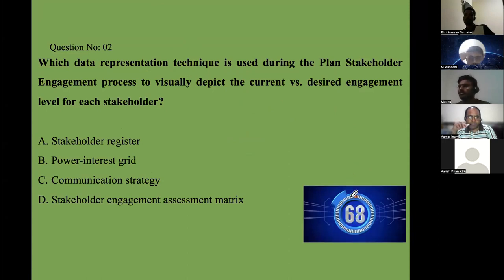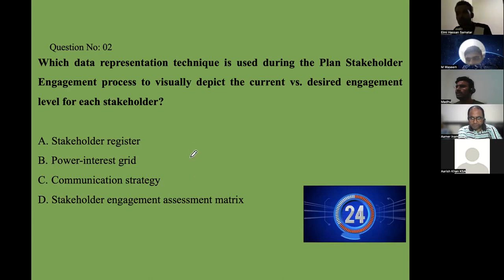Which data representation technique is used during the plan stakeholder engagement process to visualize the current versus desired engagement level for a stakeholder? Okay, what is the technique? The options are stakeholder register, power interest grid, communication strategy, stakeholder engagement assessment matrix.